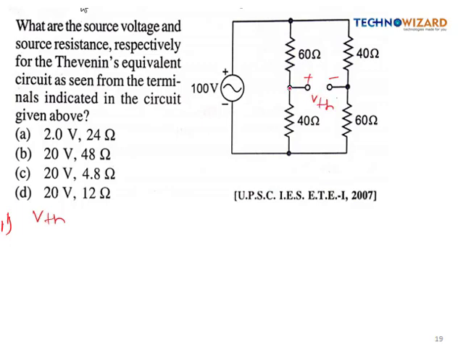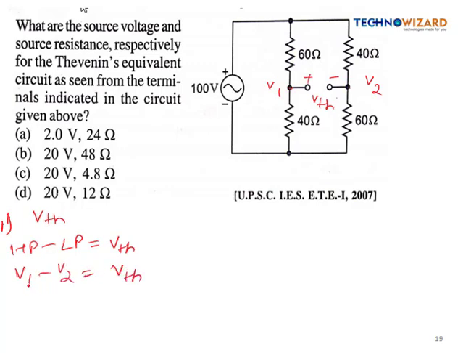So let us assume the voltage at this node is V1 and the voltage at this node is V2. High potential minus low potential is equal to the source value VTH, so V1 minus V2 is VTH.